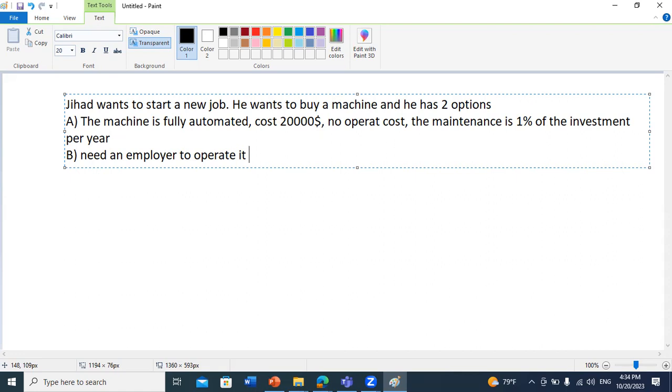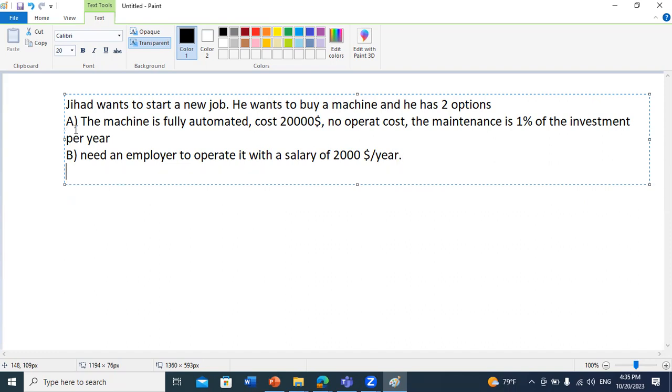So with a salary of $2,000 per year, and the cost of the machine is $5,000. And the maintenance is 2% of the initial investment.